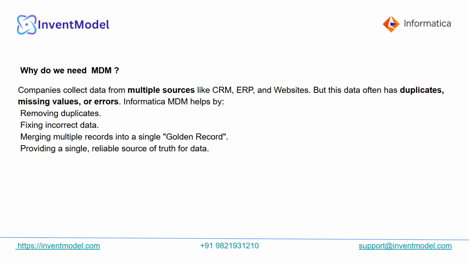So Informatica MDM helps by removing duplicates, fixing incorrect data, and merging multiple records into a single record, which is called the golden record, as I say. And it provides a single reliable source of truth for data.